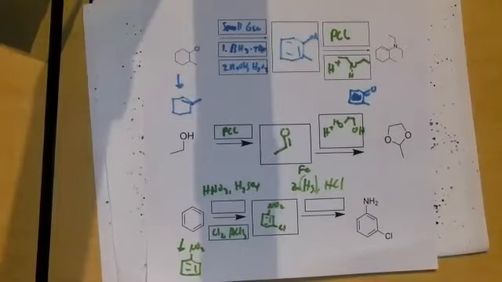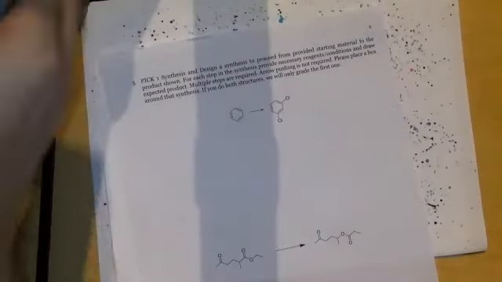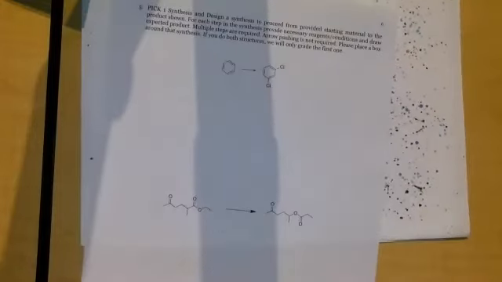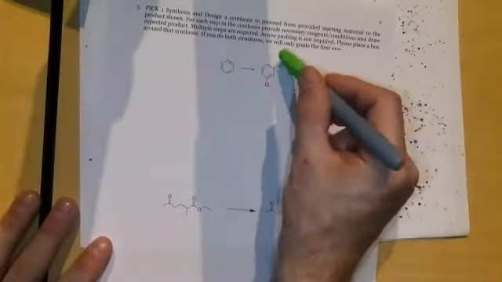Okay. I'm going to do the synthesis problems. So this was a bit of a tricky one for most people because it looks like you can just add in Cl2 and then add in Cl2 again. The problem is that if you add in Cl2, you have an ortho-para director.